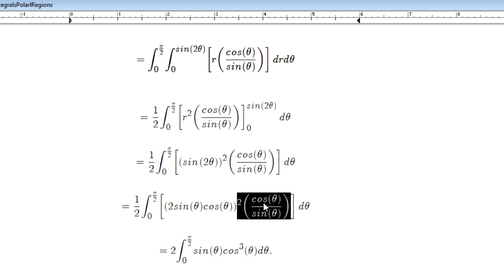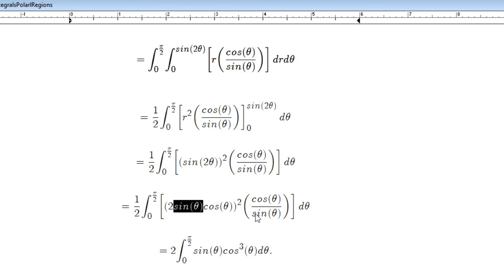And when multiplied by the cosine theta over sine theta, you get some canceling of the cosine thetas and sine thetas found in the numerator and denominators of this product. As well as this 2 squared becomes 4, and that cancels with the 1/2 found out in front. That becomes 2.